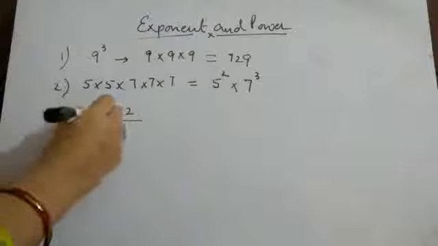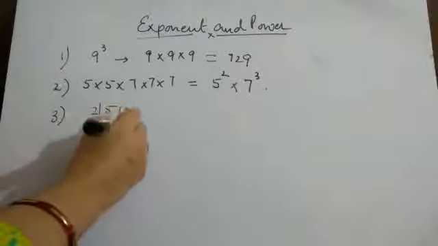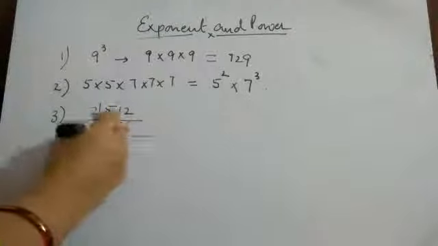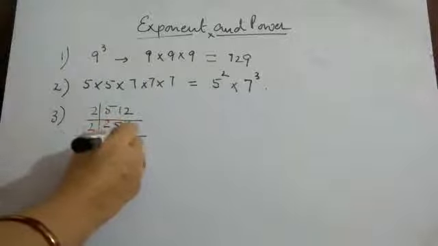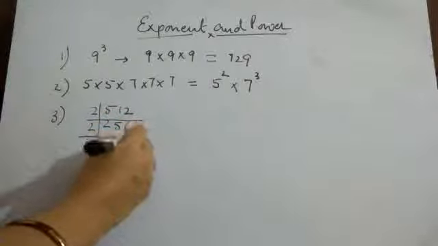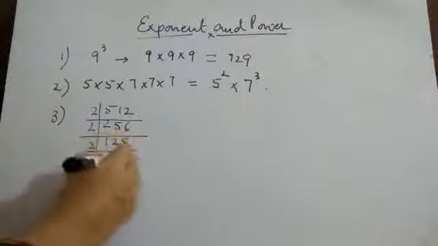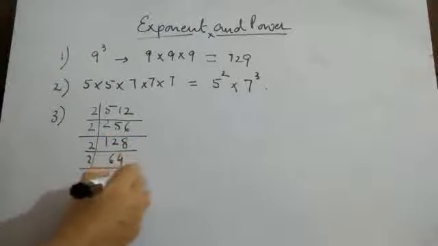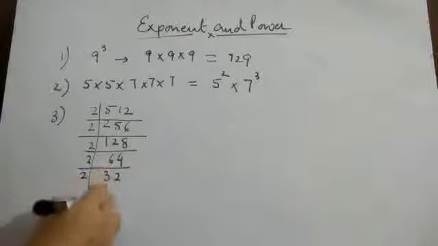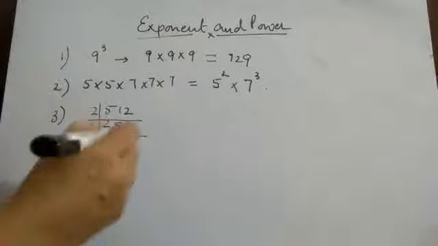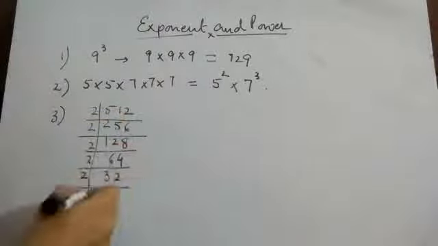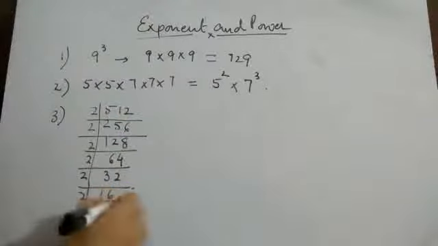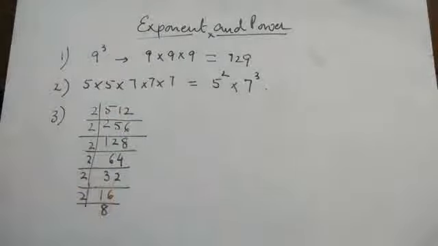So let us do: 2 2s are 4, 2 5s are 10, 2 6s are 12, 2 1s are 2, 2 2s are 4, 2 8s are 16, 2 6s are 12, 2 4s are 8, 2 3s are 6, 2 2s are 4, 2 1s are 2, 2 6s are 12, 2 8s are 16.